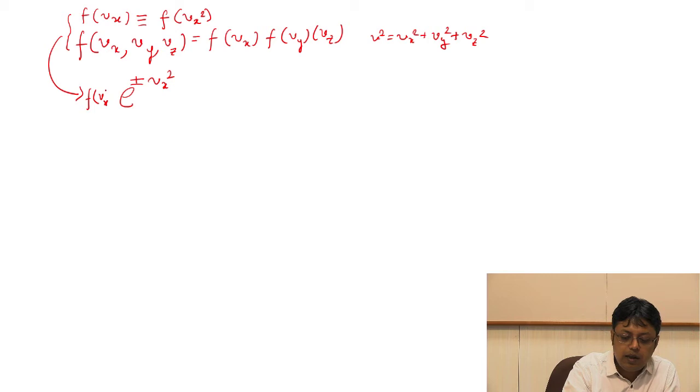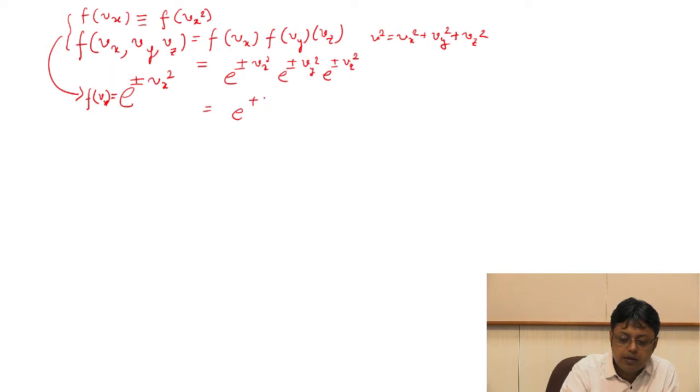So you can say that this quantity, f of vx into f of vy into f of vz, will be nothing but e to the power plus or minus vx square into e to the power plus or minus vy square into e to the power plus or minus vz square. Because if you add all of them, either plus or minus, which you do not know yet, then if I take the plus sign, it will be vx square plus vy square plus vz square, which will be nothing but v square.